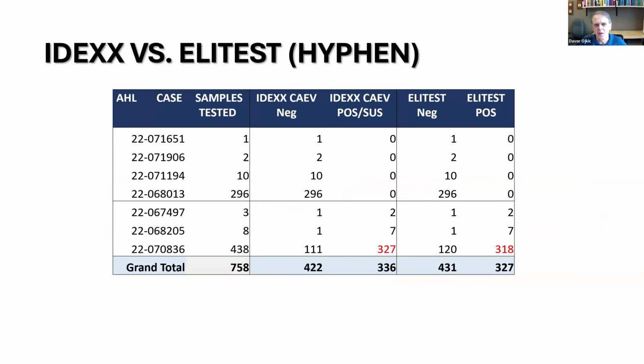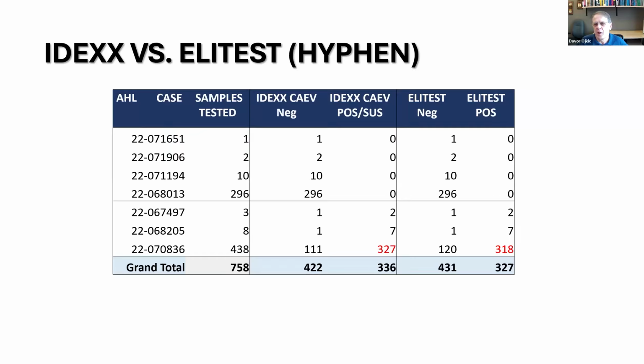So about the time when it was happening, we still had a whole bunch of IDEXX kits, and we tested in parallel some 758 samples, and this is goat samples. This is not sheep samples. So we tested them, and we found actually really good correlation between IDEXX and ELITest.